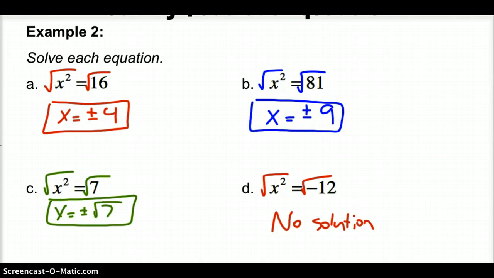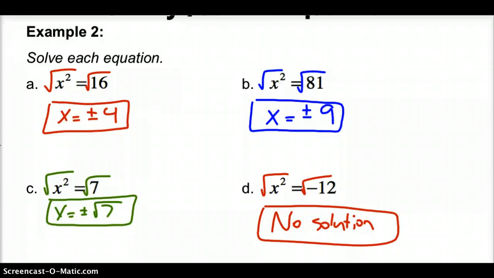Now let's take a quick second and look back to maybe part B. If I were to solve this for 0, if I were to put this in standard form, it would look like this: x squared minus 81 equals 0. We should know that this is the difference of 2 squares pattern, right? So it has to multiply to a times c, which is negative 81, and it has to add to our b term, which is going to be 0 in this case.